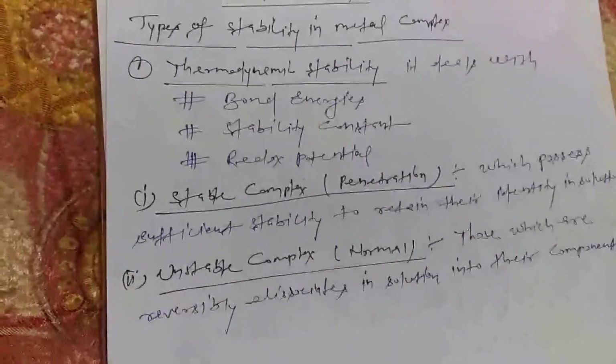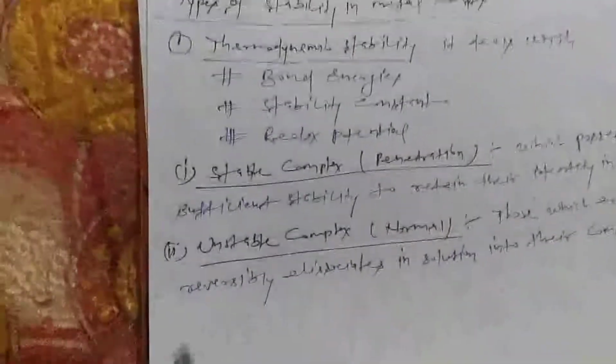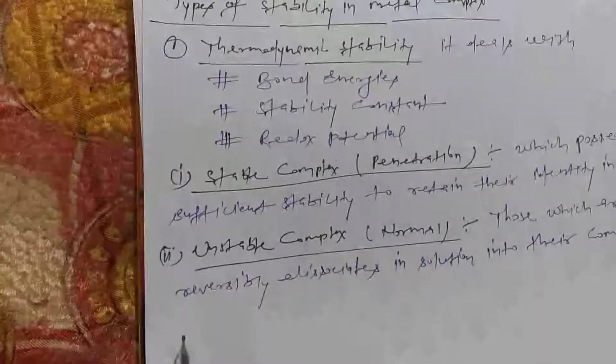Now the next type of stability is called kinetic stability.